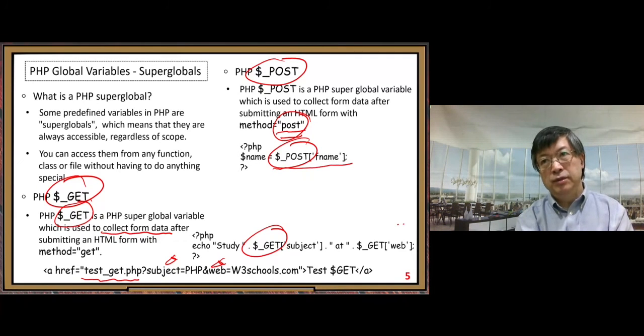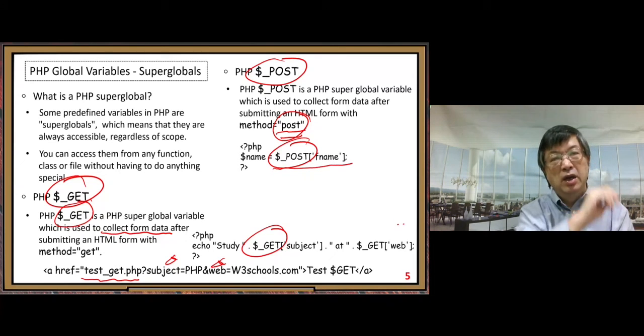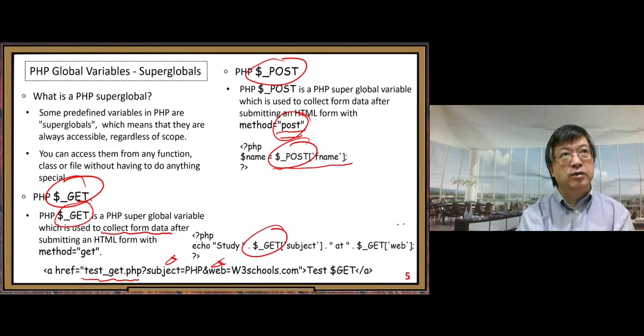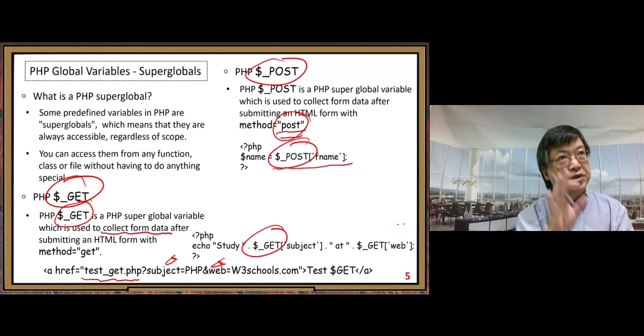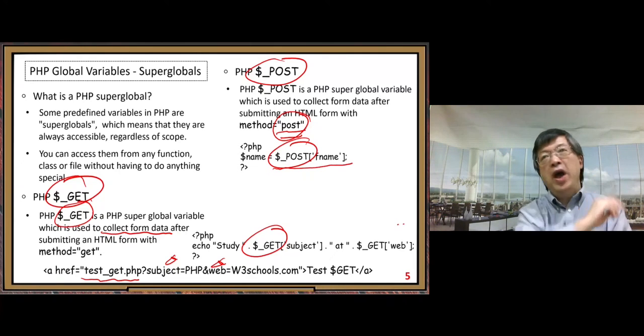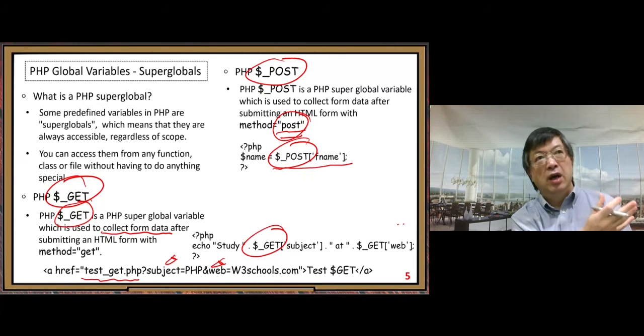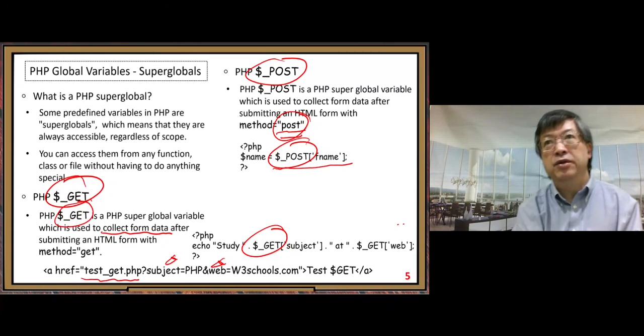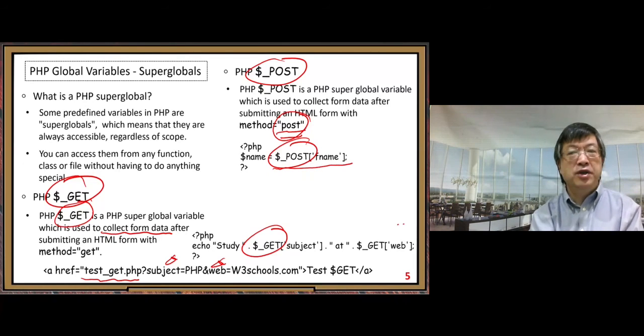So people can use some special hacking trick to attack your database. So for that reason, we should use some secure way to get data from our users. I will talk about those secure ways in the next video, but not here.